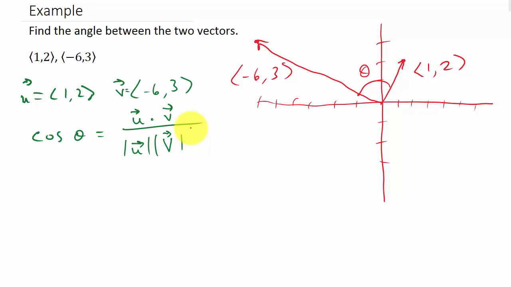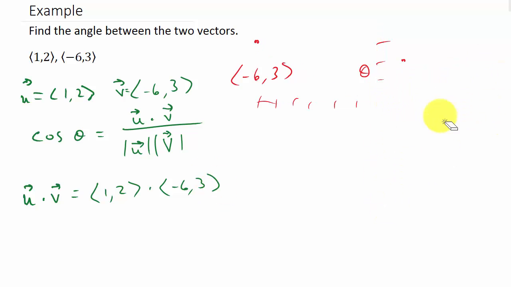Okay, so first, let's find the dot product. Remember, that's this times this, so 1 times negative 6 plus 2 times 3.